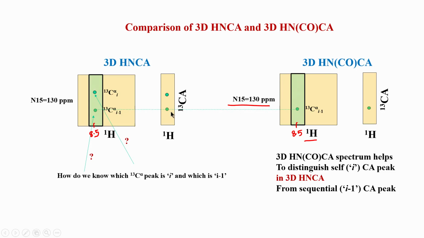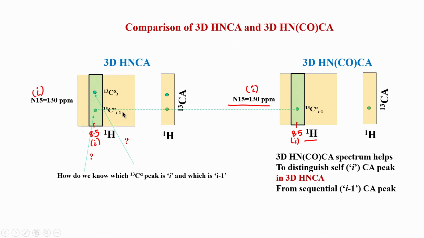So, remember again, let me write it more explicitly. This is residue I, this is residue I, this is residue I, and this is also I. For a given residue I am getting I minus 1 in this case, and I minus 1 in this case.